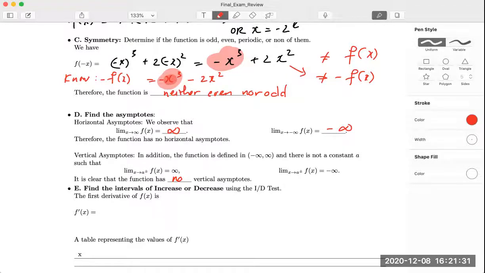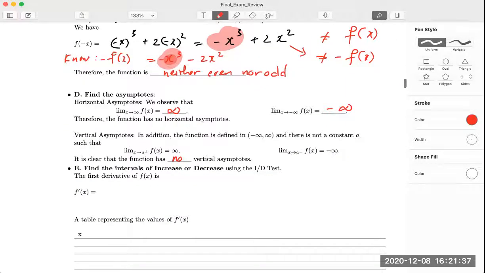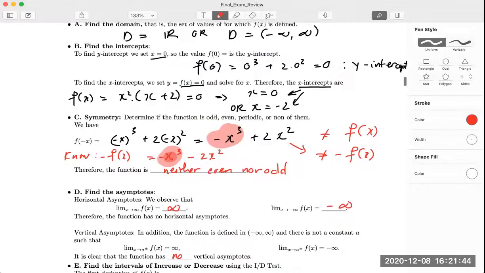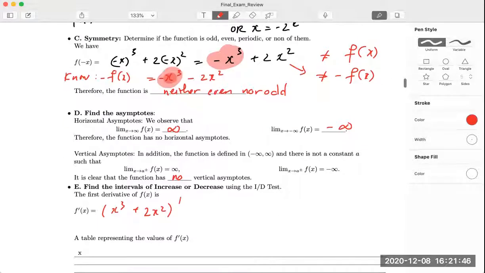Now let us find the first derivative of the function, which is the derivative of x cubed plus 2x squared, right? The derivative of a sum is the sum of the derivatives, which gives us 3x squared plus 4x.